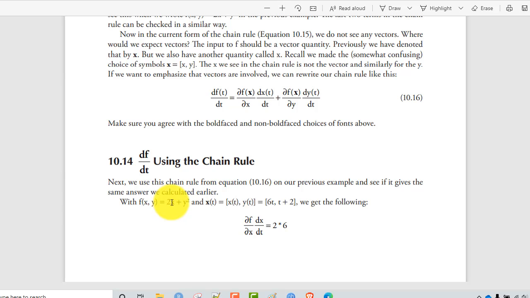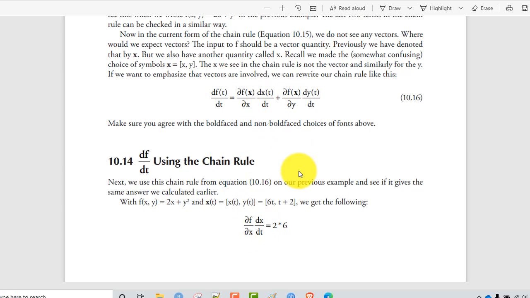So the answer for that is just 2. So this first factor here is 2. And then we also need dx/dt. Here's x. How does x depend on t? It's 6t. So we want the derivative of that with respect to t, and that's just 6. So that's this part.